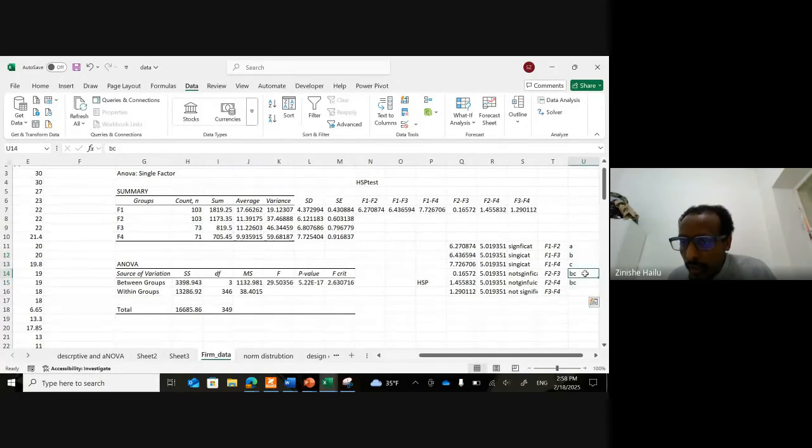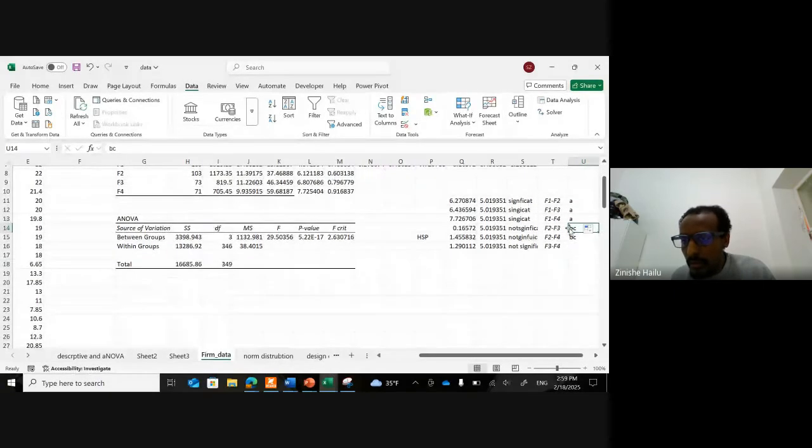You can say A for 1 since 1 is the very important one. And these are B, B. Not significant. You can put like B, B.